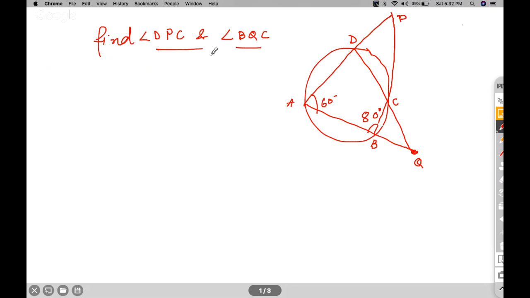Anyone? Okay, Sanjana is saying I need to solve. Dhruti, I think, has done it. Fine.